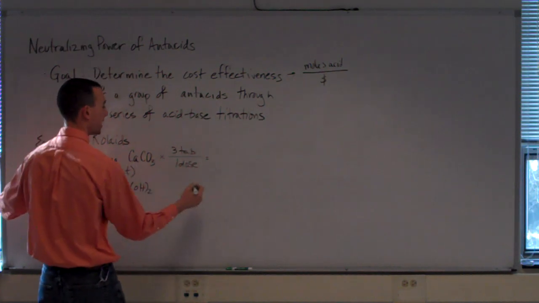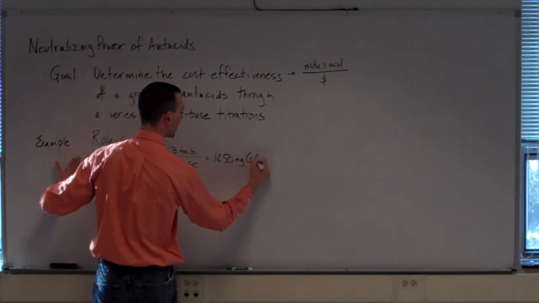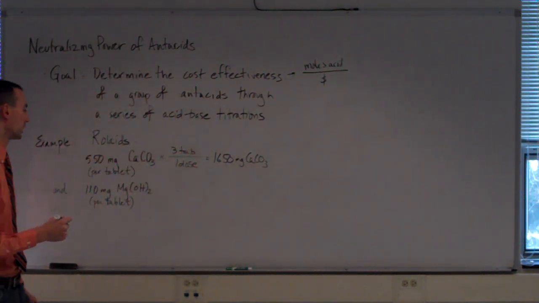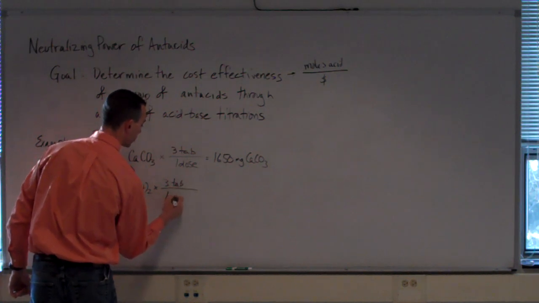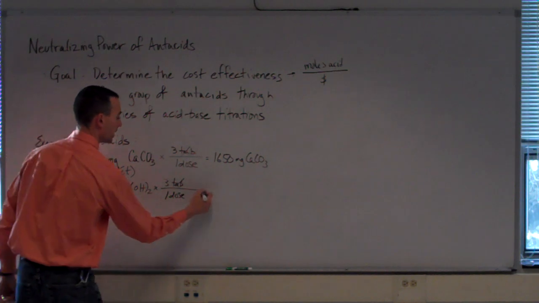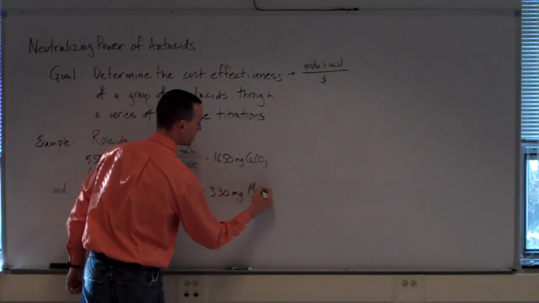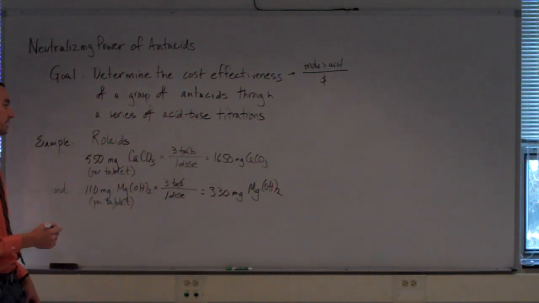So you would have 1,650 milligrams of calcium carbonate when you take a dose of Rolaids, and, again with 3 tablets or 1 dose, you would have 330 milligrams of magnesium hydroxide.